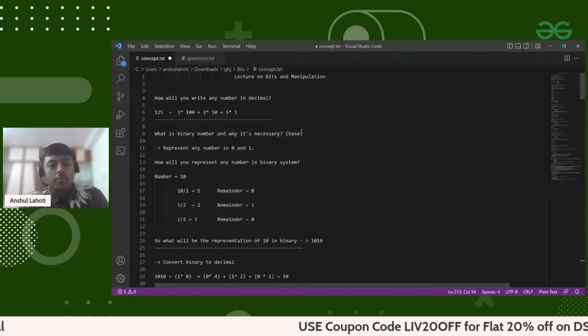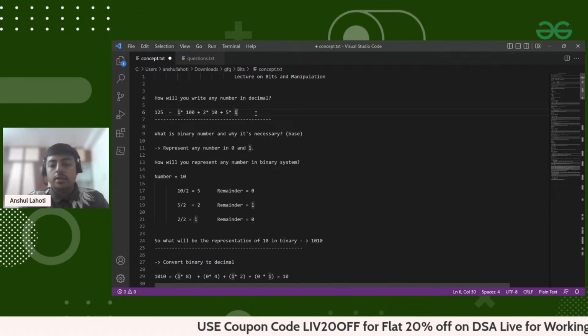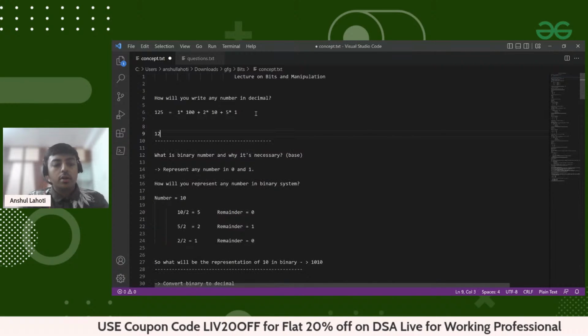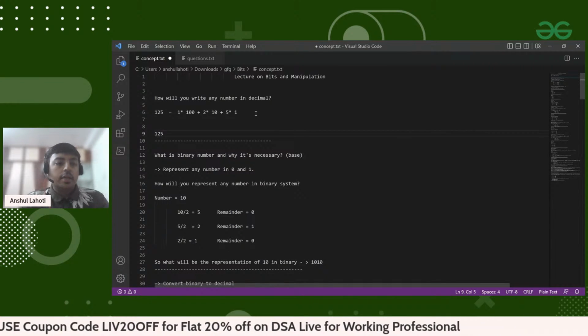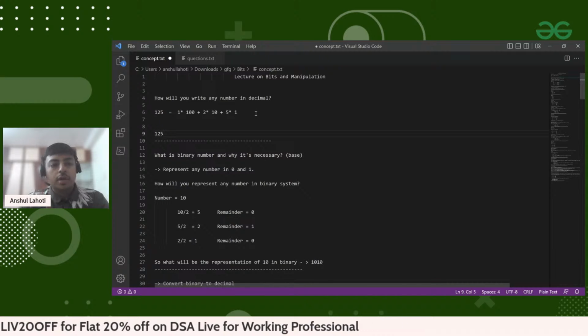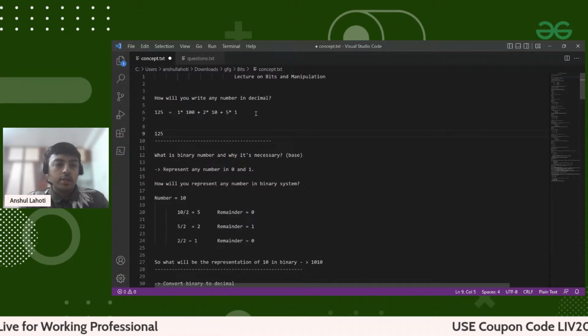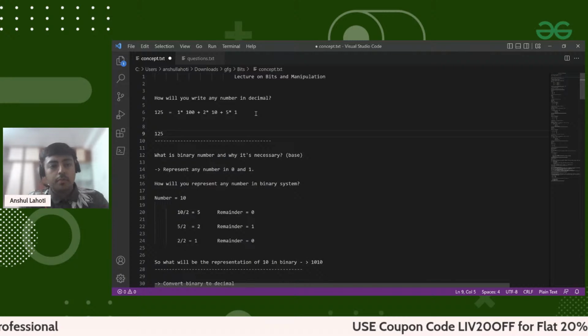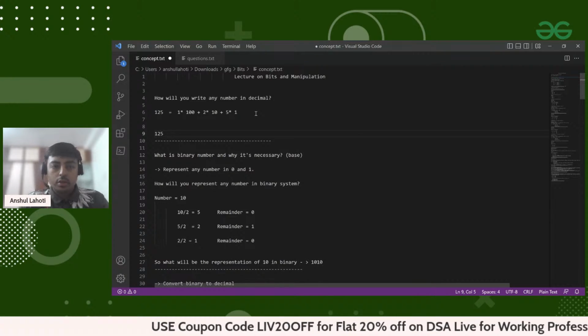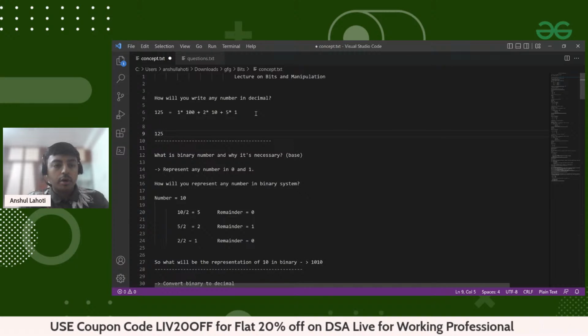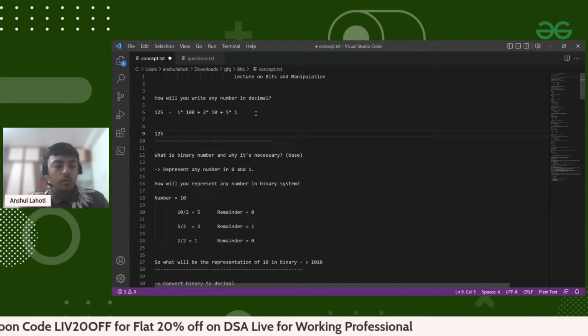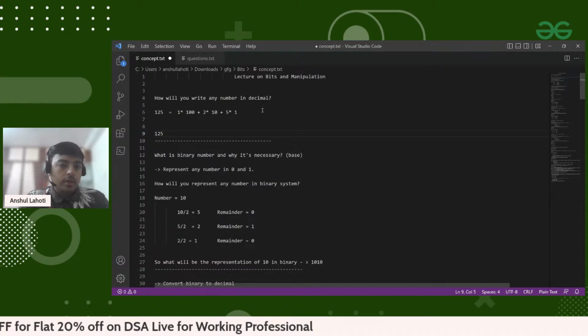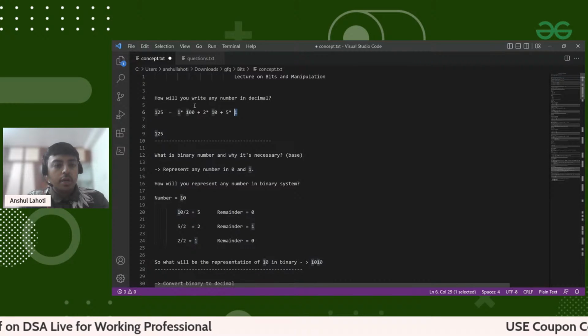Here I have taken the example of 125, just for understanding how we write any number in the decimal number system. So how will we break down that number? It is 5 into 10 raised to power 0, plus 2 into 10 raised to power 1, plus 1 into 10 raised to power 2. This way we can break the number in the decimal number system.